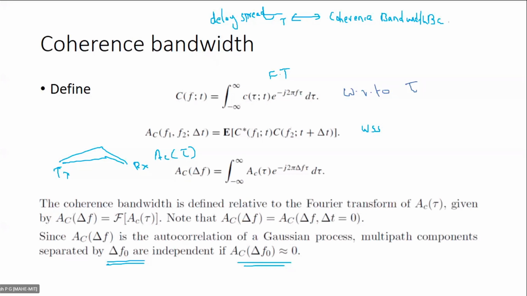Now we'll come to another term, that is coherence bandwidth.